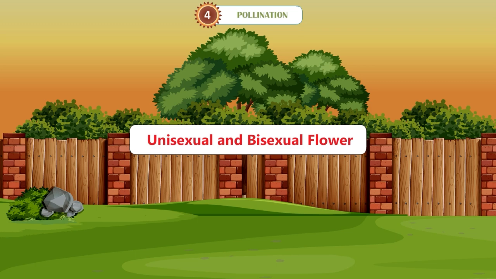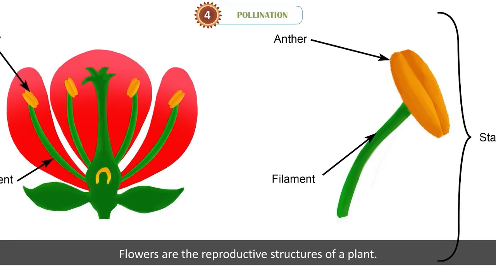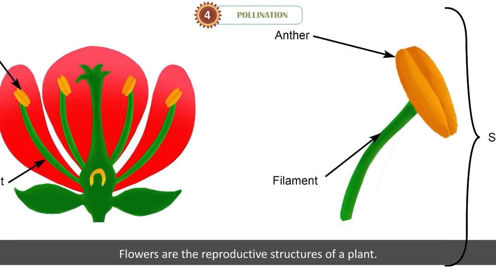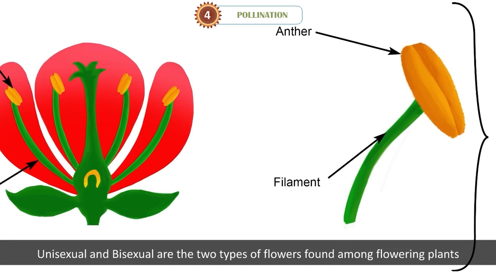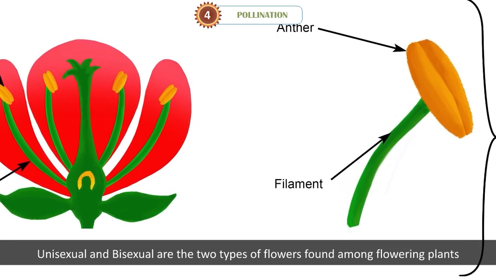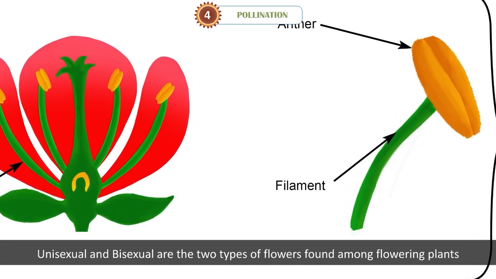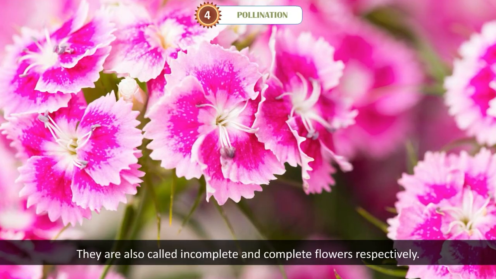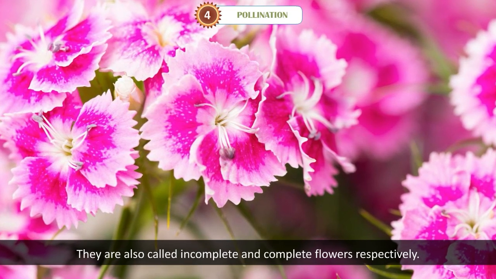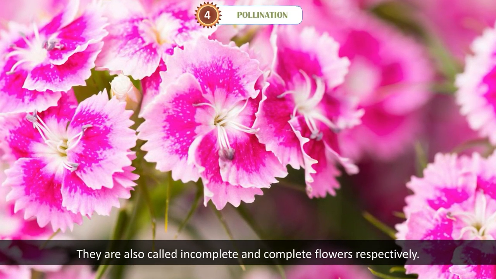Unisexual and bisexual flowers are the reproductive structures of a plant. Unisexual and bisexual are the two types of flowers found among flowering plants. They are also called incomplete and complete flowers respectively.